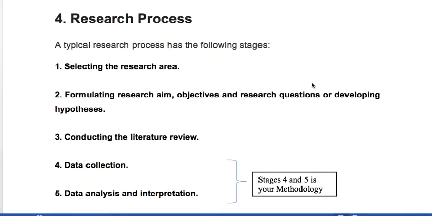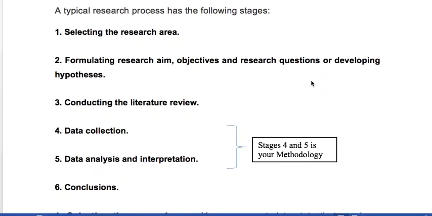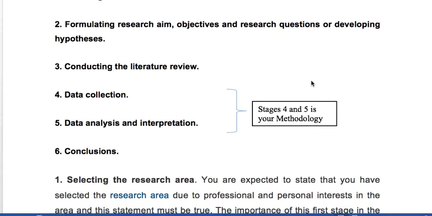In this section, I'm going to talk about the research process. A typical research process has the following stages. Stage 1, selecting the research area. Stage 2, formulating research aims, objectives, research questions, or developing hypotheses. Stage 3, conducting the literature review.